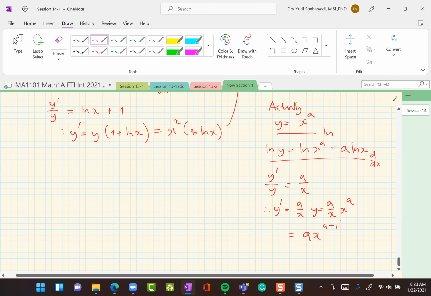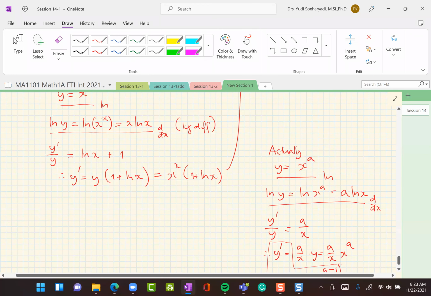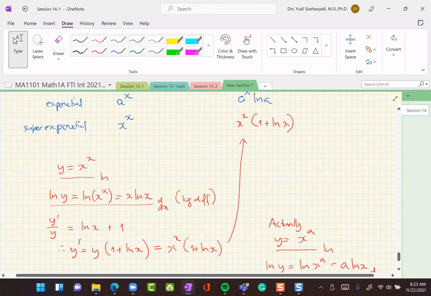So you get this power rule. Okay, so actually log differentiation is a very neat trick, a powerful trick. Okay, so these are the types of exponentiations.